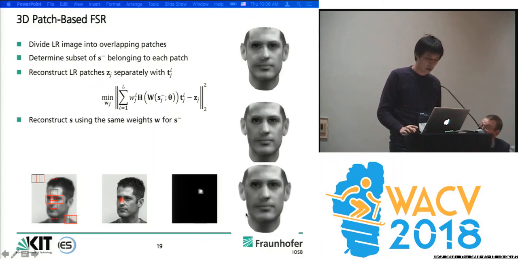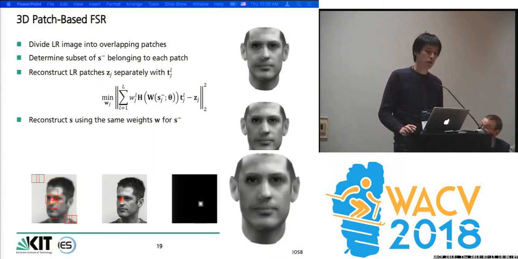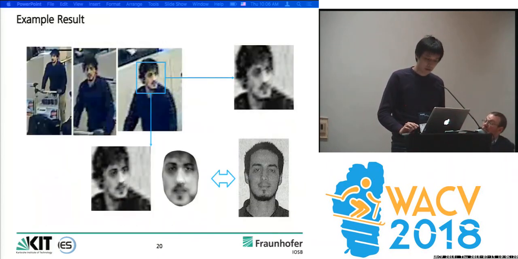After reconstructing all the patches we immediately have a high resolution 3D face. And this is the output of this input image. That is one of the suspects in the Boston bombing. And here's the 2D and 3D output.